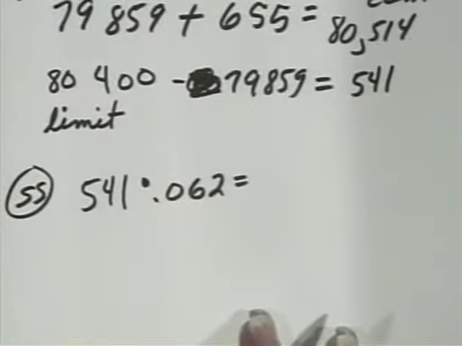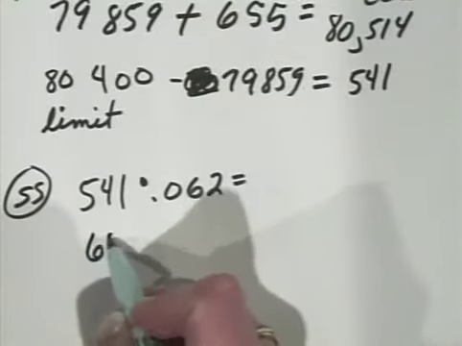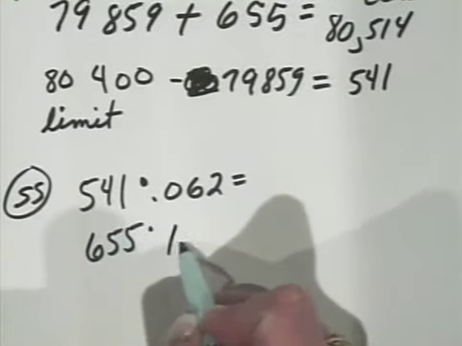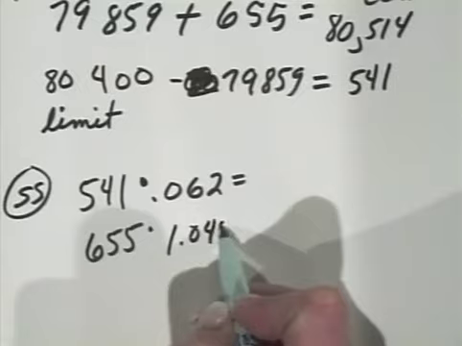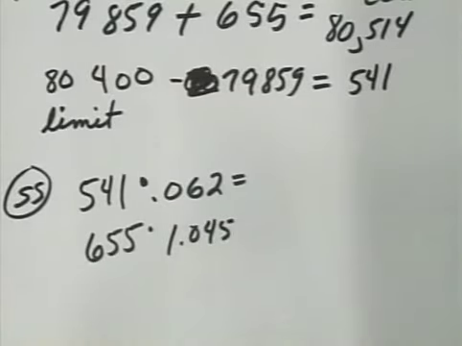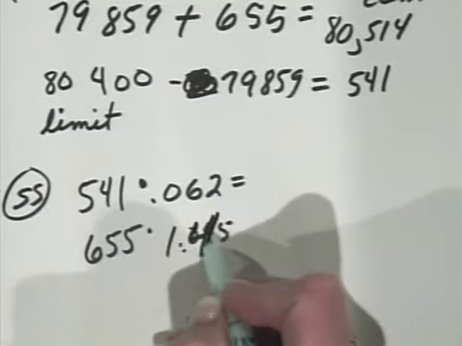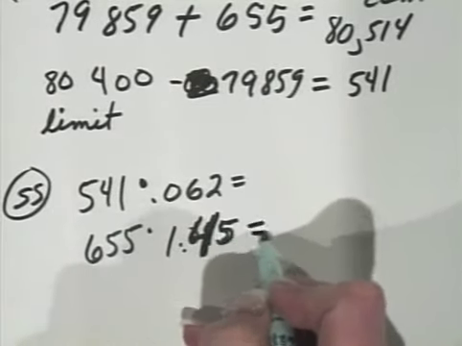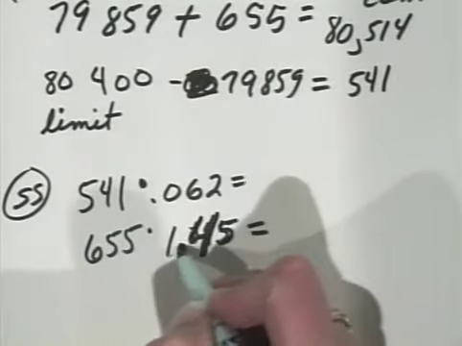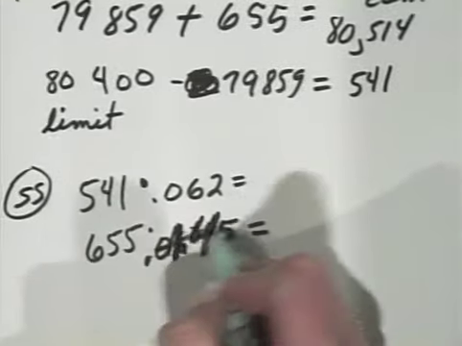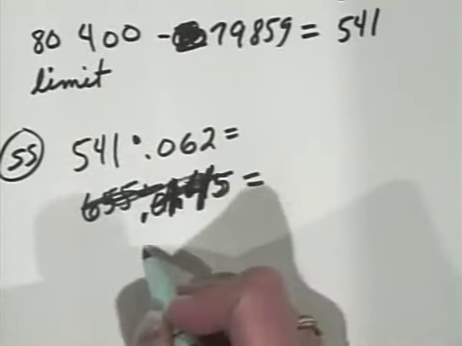Is that all right? And then we're going to take 655 times 0.0145. Let me erase that one and start over.